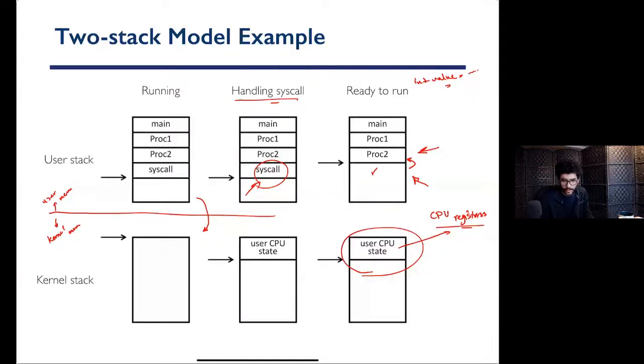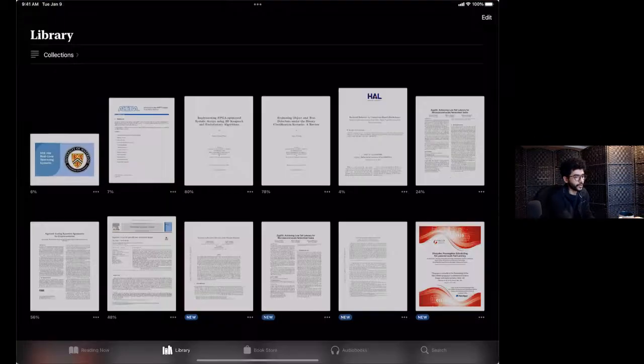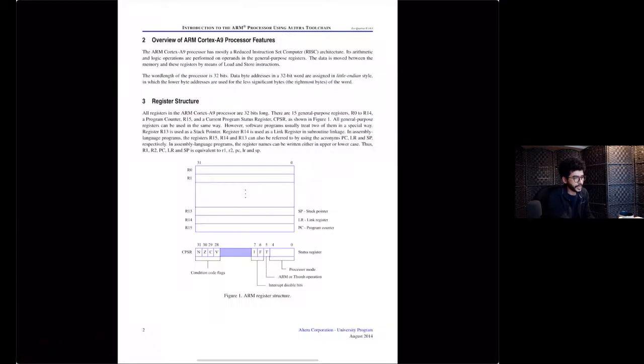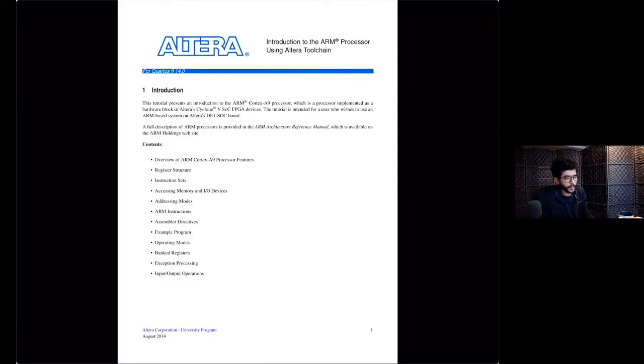This document that is pointed to in our lab manual should be your friend. It is basically an introduction to the ARM processor using the Ultra toolchain. You should really read it and be familiar with it.